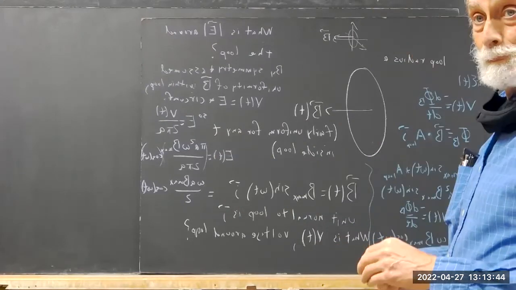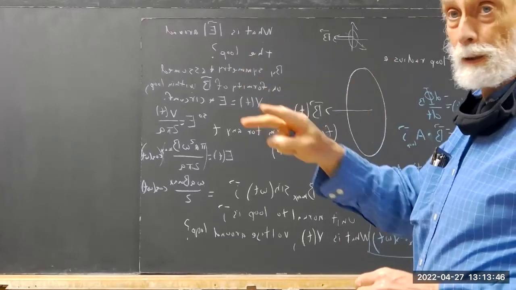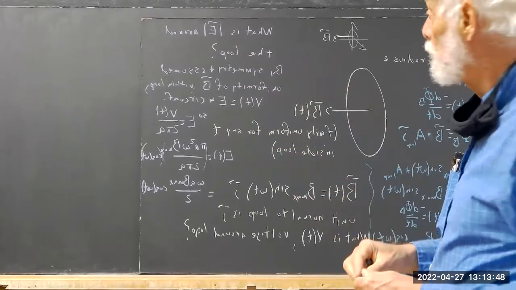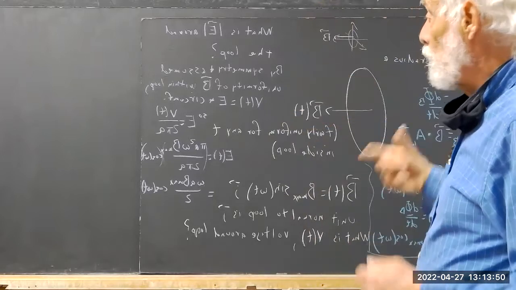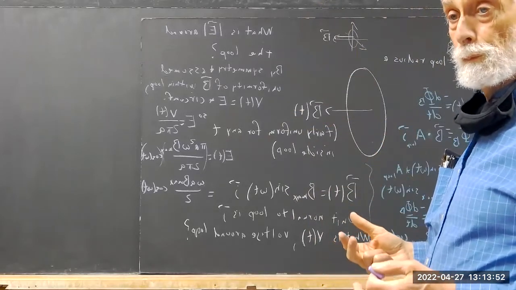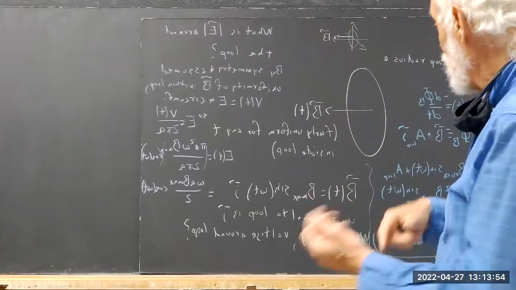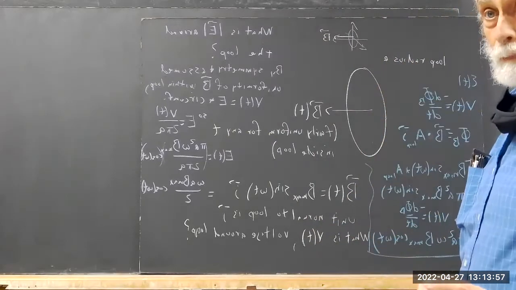Those are the two rules. Easy to write out, not that hard to remember. The second one's a little harder. And you use those rules to just analyze what's going on in here.